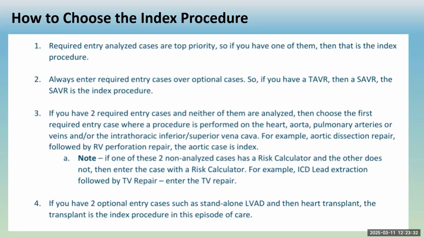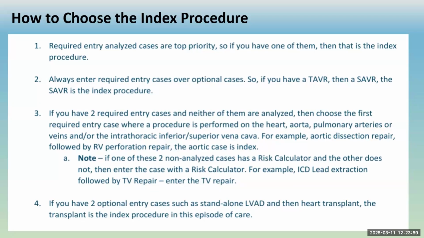An example of this, you have an aortic dissection repair followed by an RV perforation repair. Neither one of these cases are analyzed. They're both required entry. So we're going to choose the first one that occurred, which would be the dissection repair in this situation.